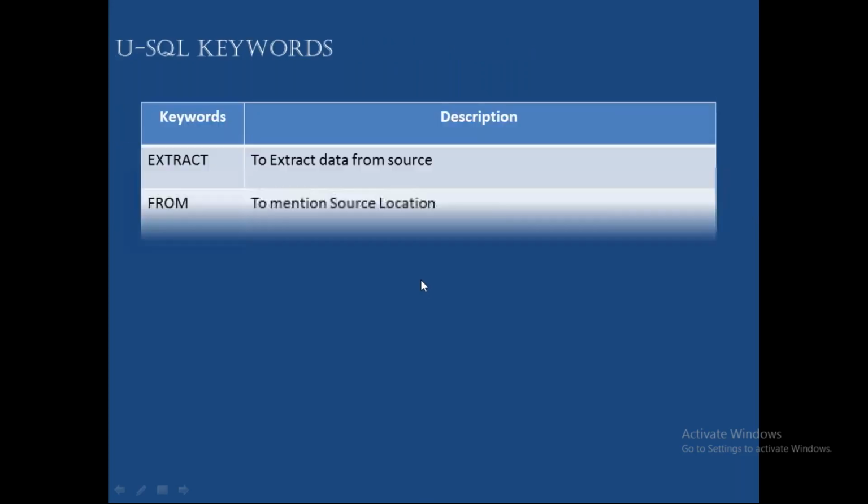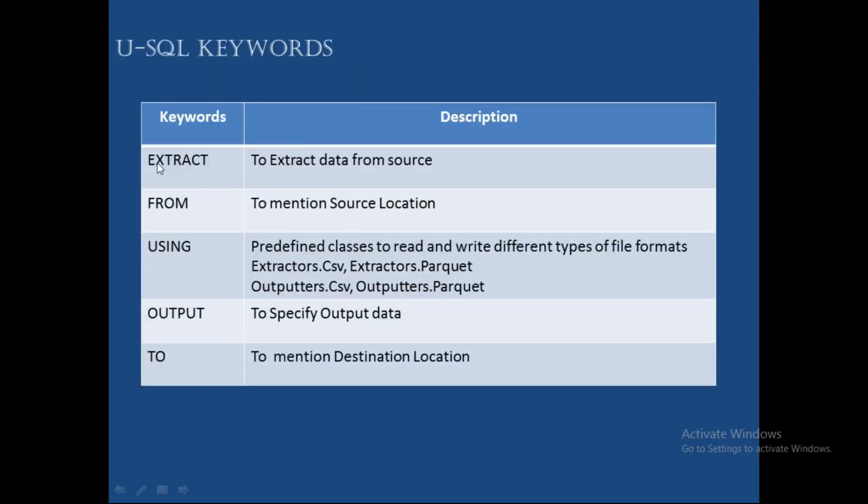Next, the U-SQL keywords. EXTRACT is basically to extract data from the source. From the Data Lake Storage Gen 1 source folder, if you want to read the data, you need to say EXTRACT. To mention the source location you use FROM, meaning from this location fetch the data.